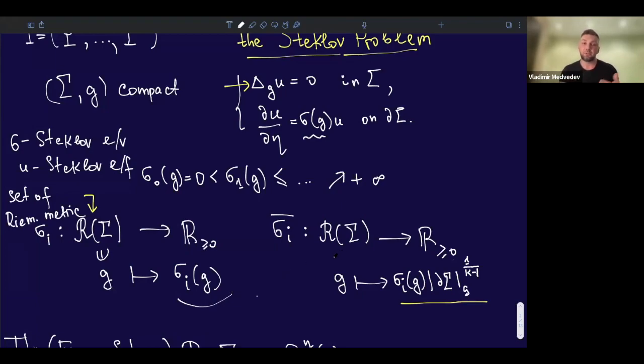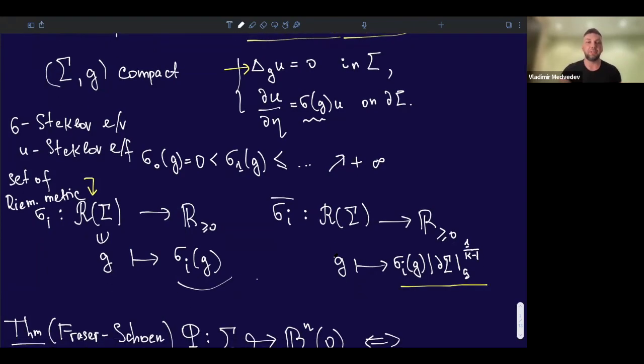This functional is quite boring, because if you consider homotheties, so if you multiply g by any positive number t, then sigma i transforms in the following way: it is sigma i of g times t to the k minus 1. K, by the way, is the dimension of sigma.